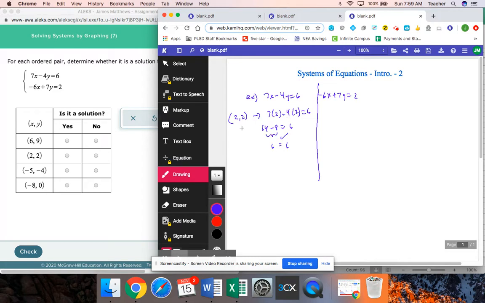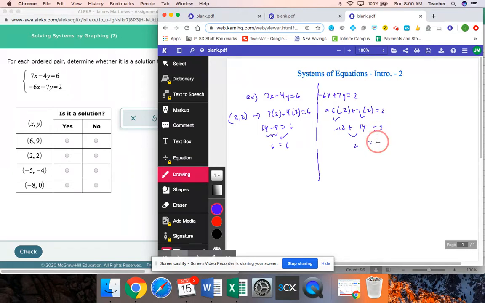So far, so good. 2, 2 is a solution to this, but it's not a solution to the whole system unless it's also a solution to this. So let me check it. Negative 6 times 2 plus 7 times 2. Does that indeed equal 2? Well, this is negative 12, this is 14, altogether that's a positive 2.